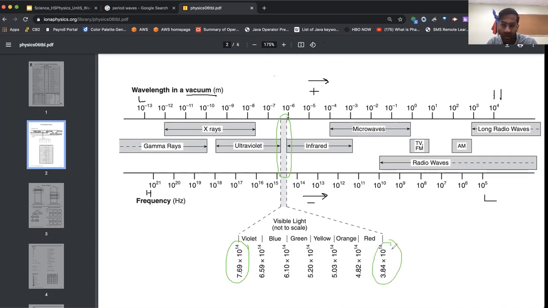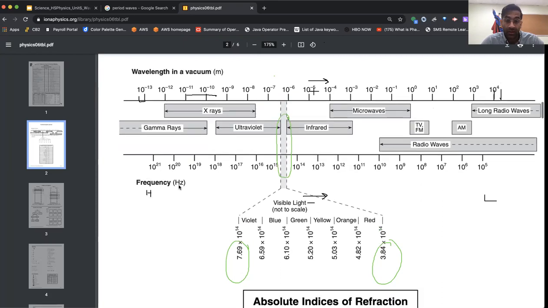Okay, they're all base 10 to the 14th, all right? So they're all within a certain range of each other. And you could say that violet, in terms of its frequency, looks like it's roughly double that of red. Okay, and so if you're going back to answer questions about various waves, here's where you want to come.